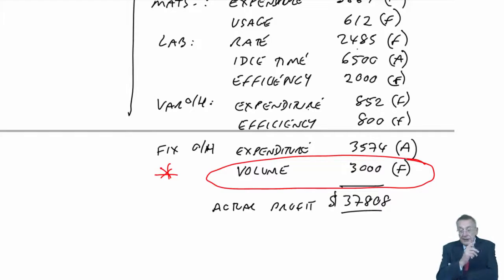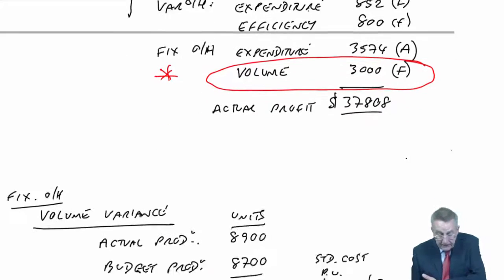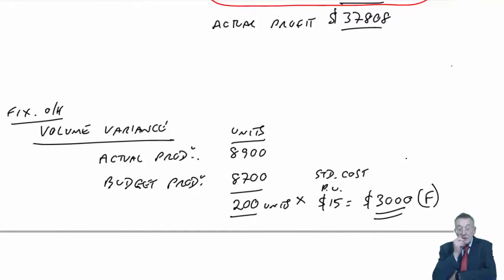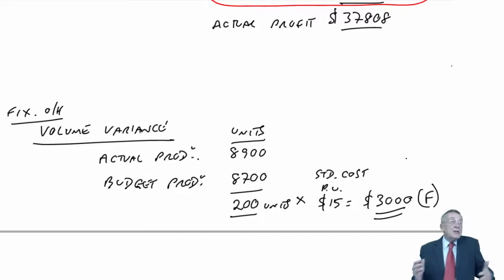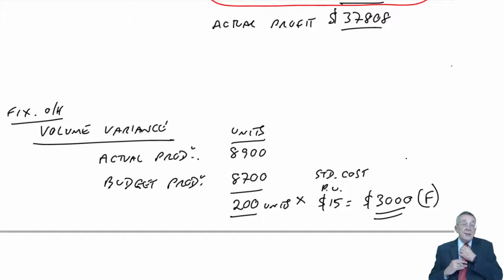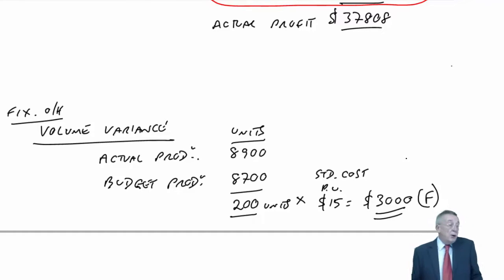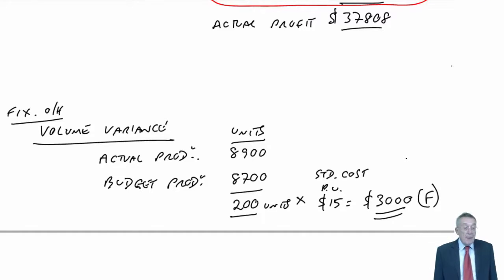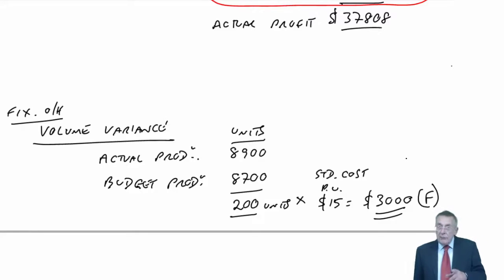The volume variance occurred because we produced more units than we budgeted on doing. Why did we produce more units? Now, in fact, there are lots and lots of reasons why it may be the case. Maybe just we decided to produce more because we were selling more. But another reason could be this.